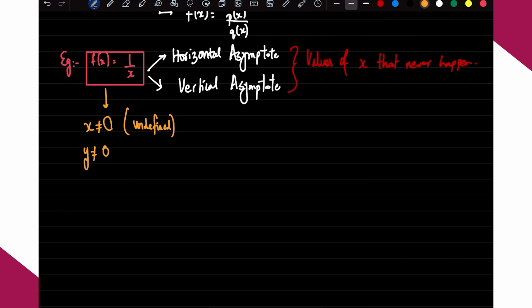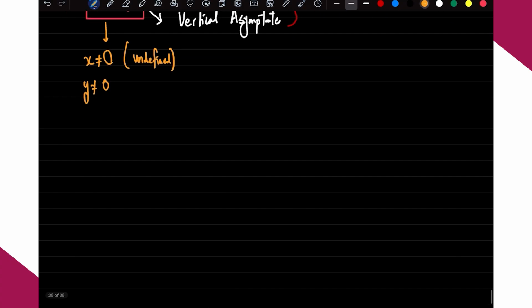These are a few properties that we're going to be eventually studying. But for now, we just want to say that the function never reaches y equal to 0 and x is not equal to 0. The reason being that x equal to 0 will make the entire function undefined. So you don't want that.